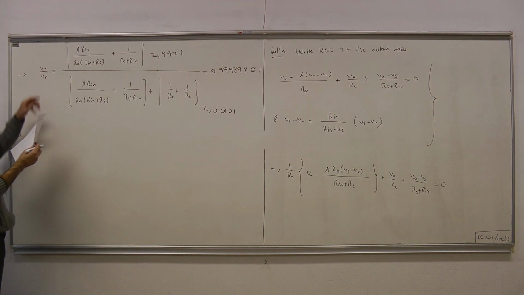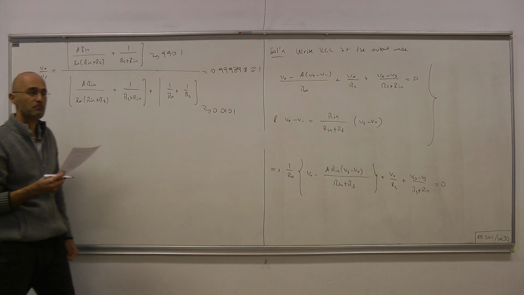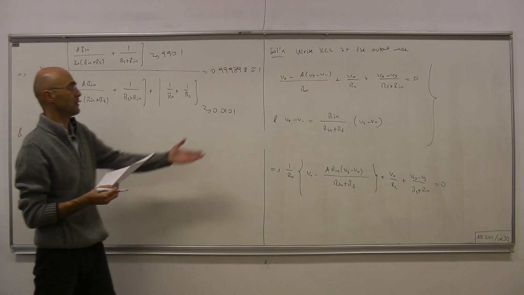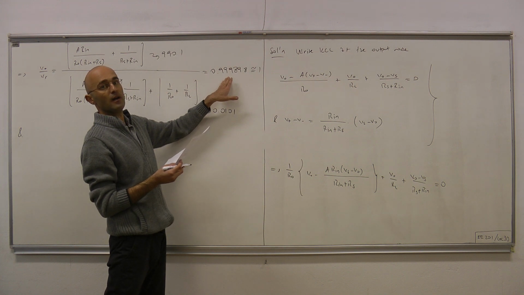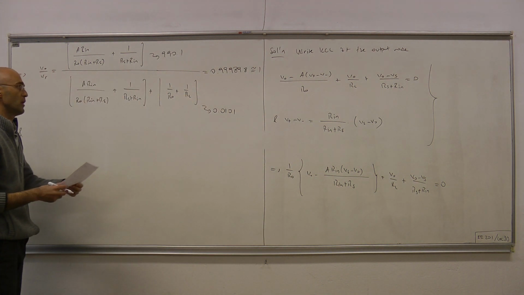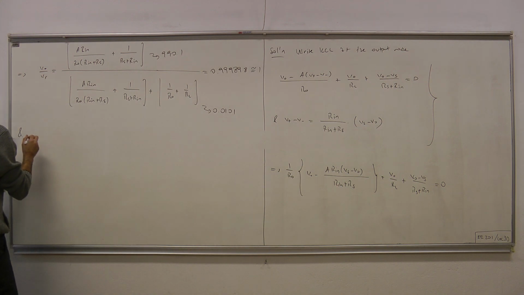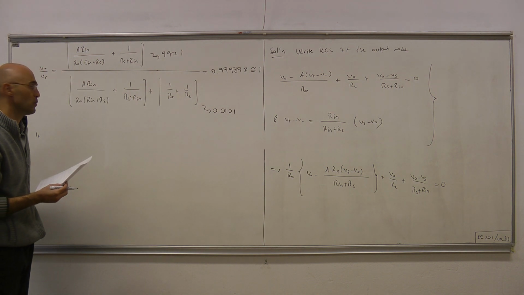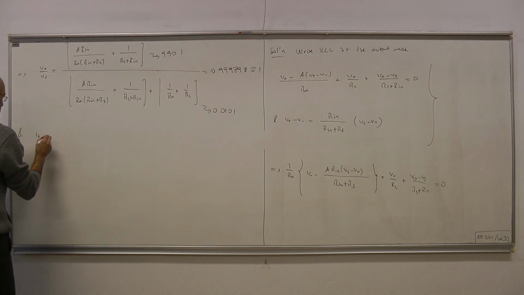So at least from the V out over Vs ratio point of view, our ideal model works excellently, because the actual answer and the ideal answer are very, very close to one another. As for the current passing through the input resistance, which formally we took to equal 0, in this case it is different than 0.